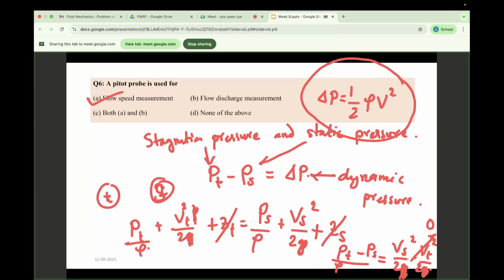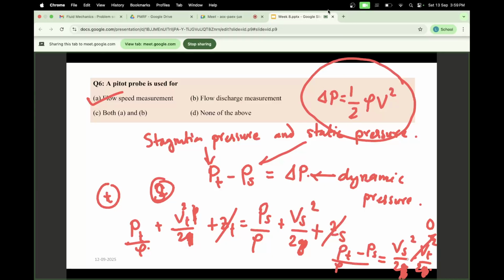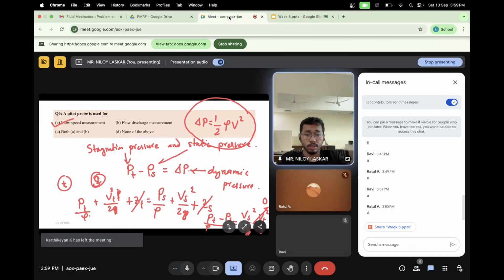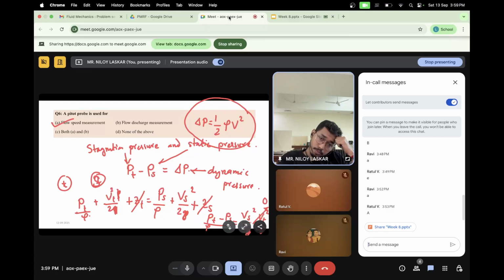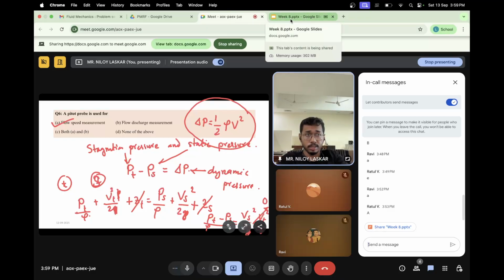Certain questions can also be asked. Is it clear to everyone? So see how Bernoulli's equation helps us to get this equation. That is basically this fundamental, nothing else.